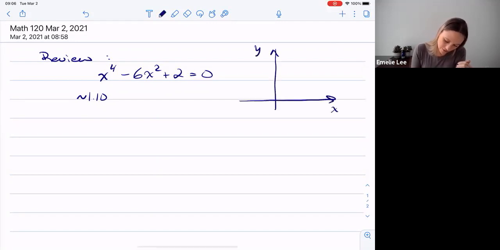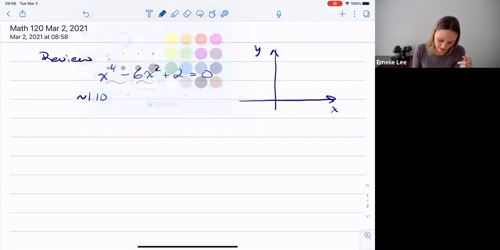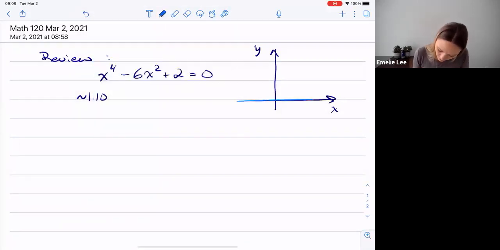So here's my x-axis, here's my y-axis. When is this equation equal to 0? Well, if this equation is equal to y, it's when y is equal to 0. Y equals 0 on the x-axis, right?